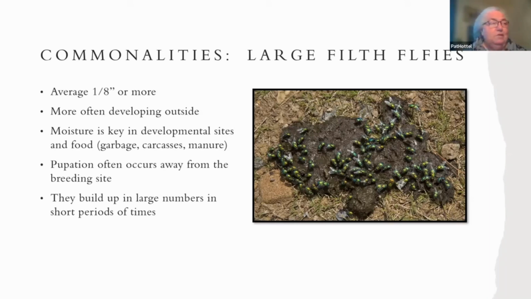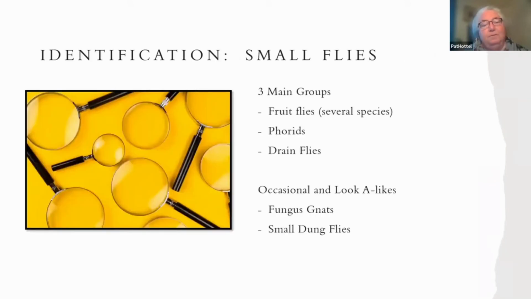They're not going to, from a survival standpoint, do very well as a pupal stage in that moist environment. It's to their benefit to move away and pupate away from that moisture. And they will build up in large numbers, just like our small flies, in short period of time, rather short turnaround time in life cycle, developmental time, and a lot of eggs, kind of in that 500 number range being laid per female adult.